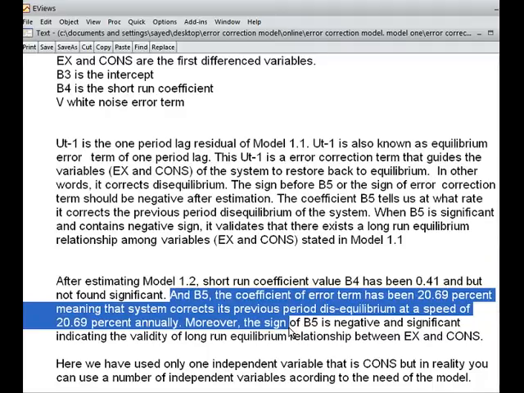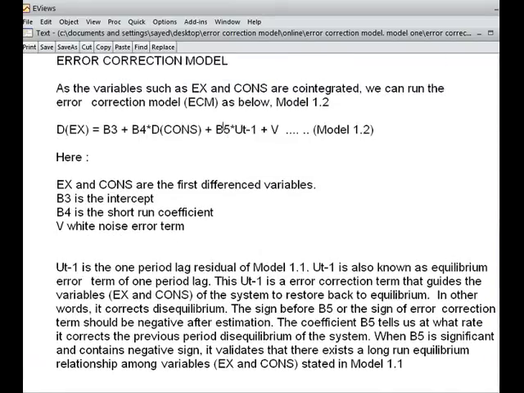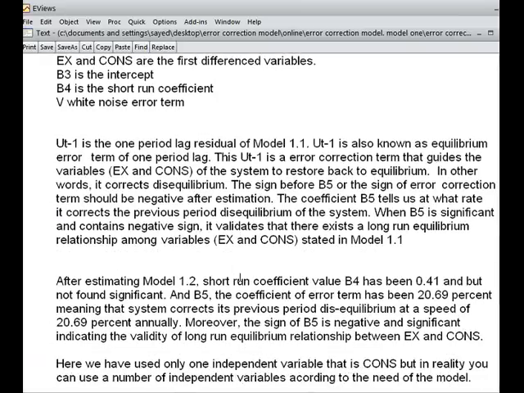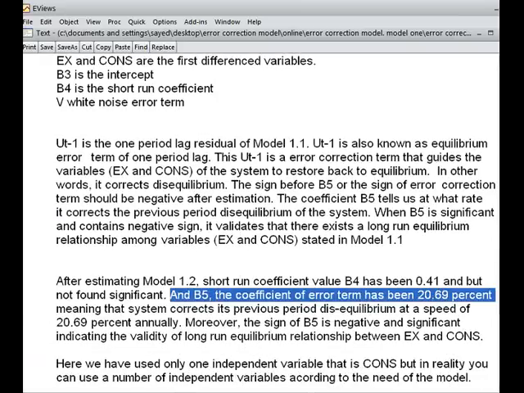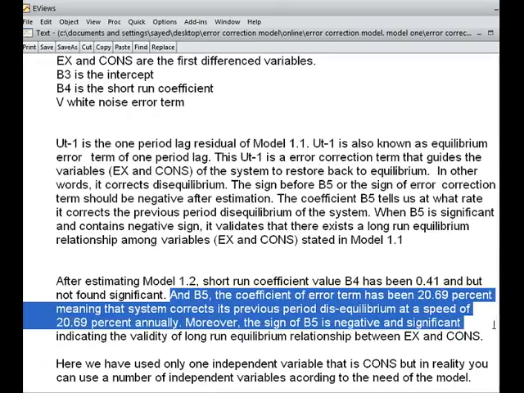So I'm telling again, the B5 after estimating has been 20.69%, meaning that the system corrects its previous period disequilibrium at a speed of 20.69% annually.